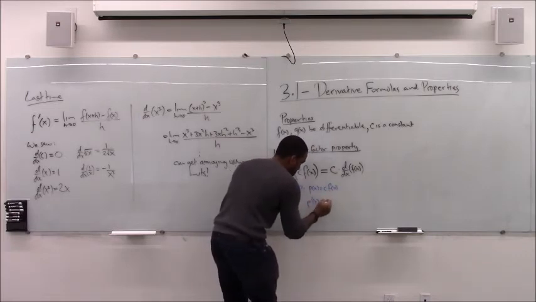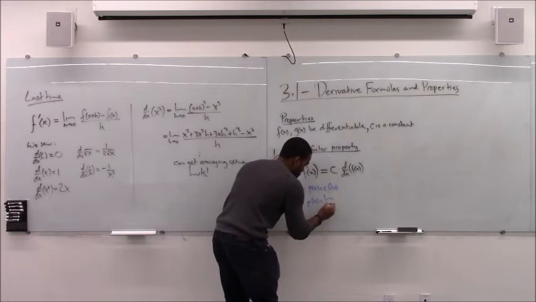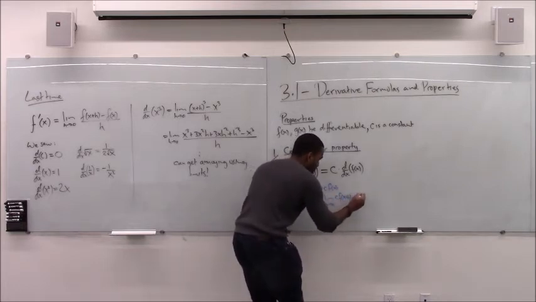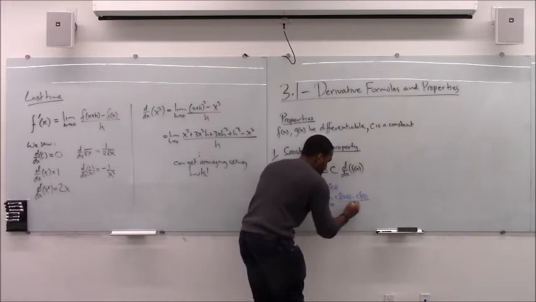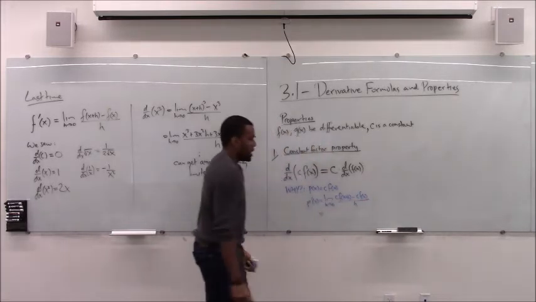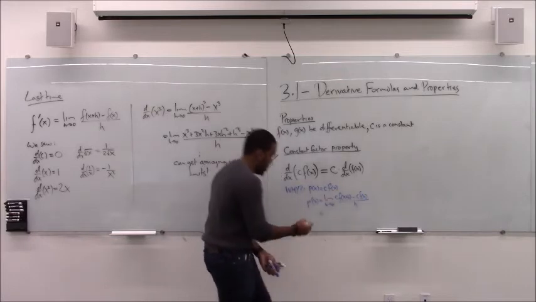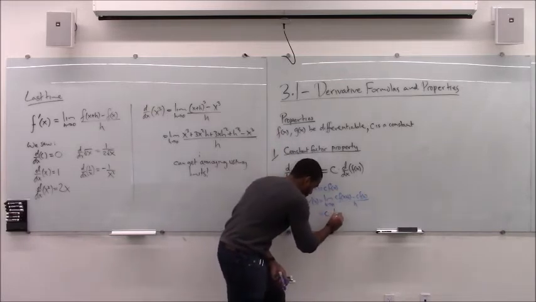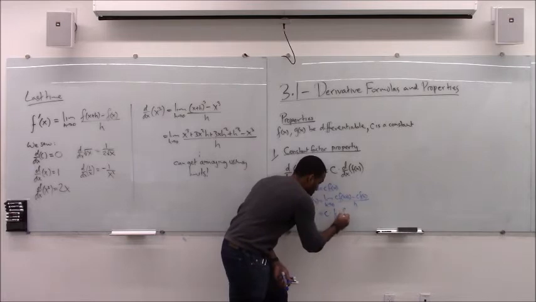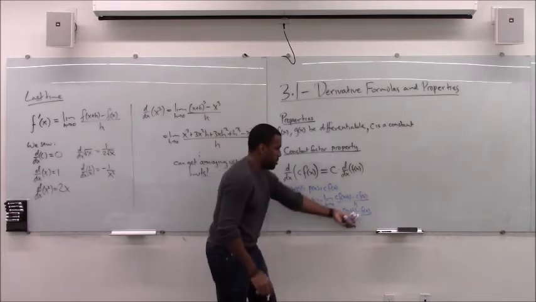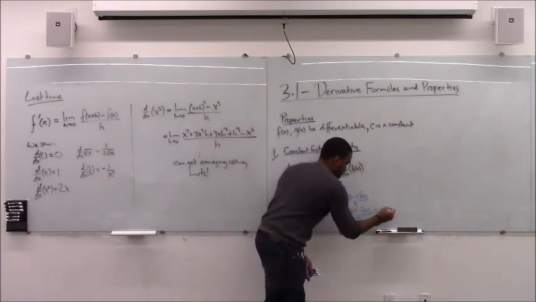Well, it would be the limit as h approaches 0 of c times f of x plus h minus c times f of x, all over h. But now that's just a limit, and a limit property is you can factor constants outside of limits. So I can move that c outside of the limit. And that limit is the definition of the derivative. That's c times f prime.